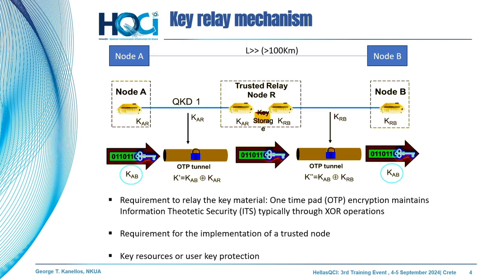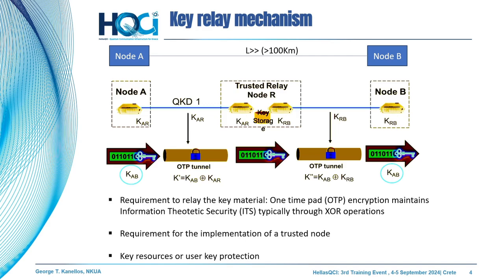Now, in the node in between, where you have the Bob from the first system and the Alice from the second pair, what you can do is actually apply what is called a one-time pad encryption. That is, again, an information theoretic secure process. So this is practically XORing each bit of the keys of the first QKD link with each bit of the keys of the second QKD link.